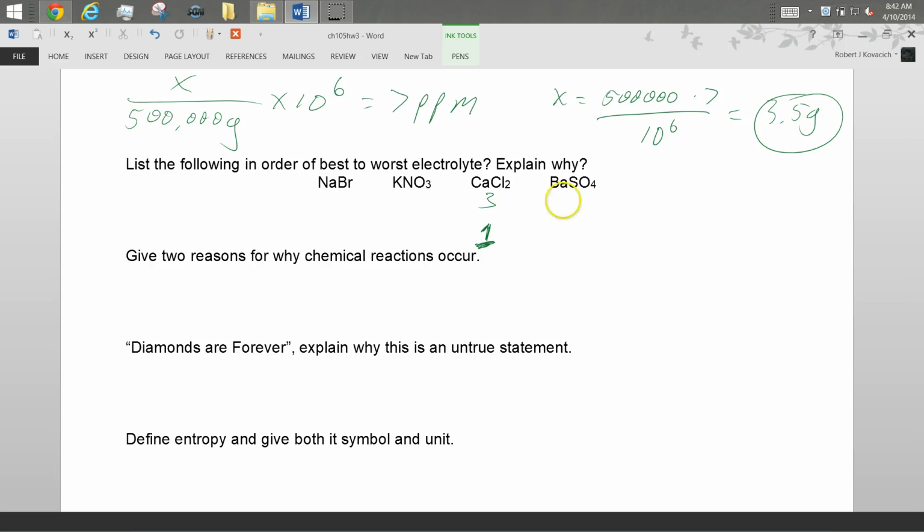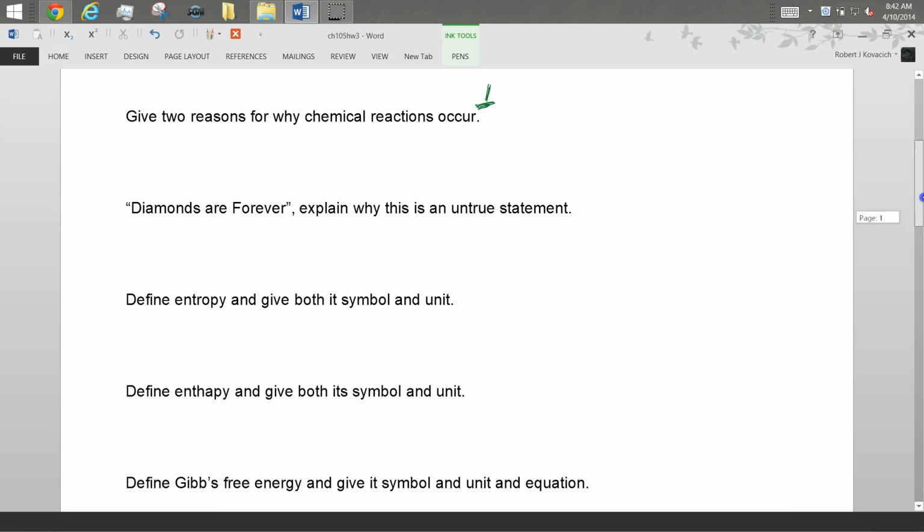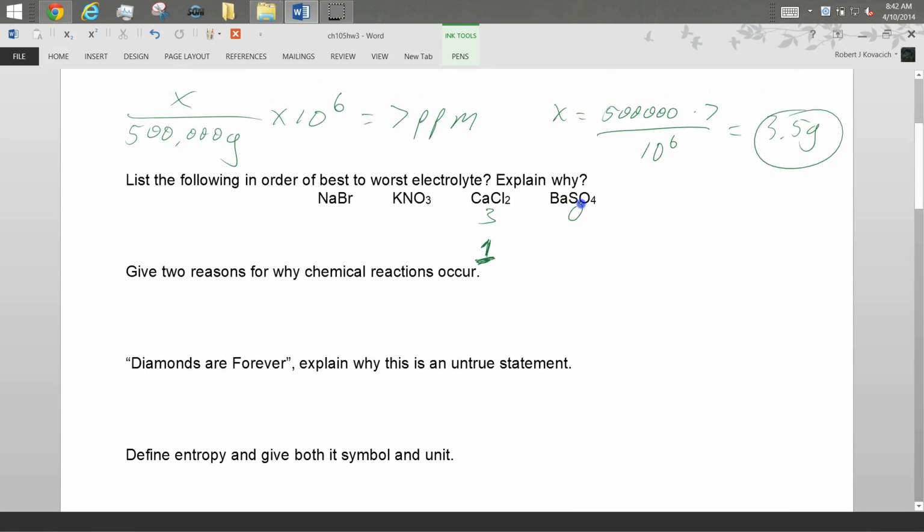The barium sulfate actually breaks up into 0 pieces, so that's number 4. And what about the sodium bromide and the potassium nitrate? Both of them break up into 2 pieces, so they're basically tied for second.